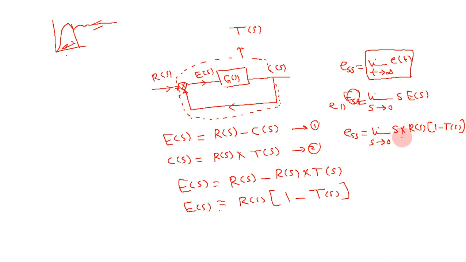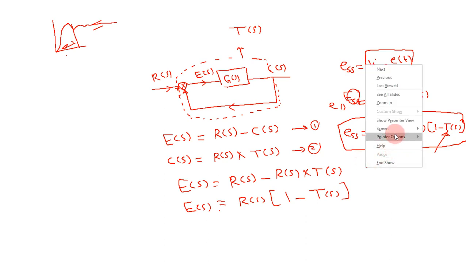This is how to derive the function for calculating the steady state error using the closed loop. You can see we are using the closed loop transfer function, which is T(s). We cannot see any G(s) here. This is the formula to find the steady state error using the closed loop transfer function. We have one example here to apply this formula.